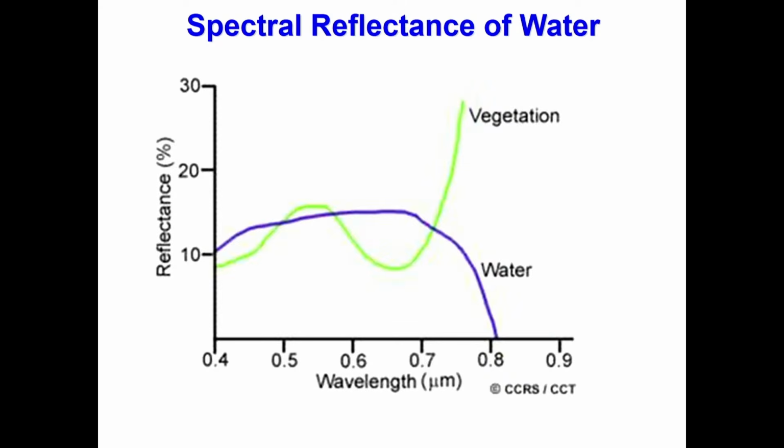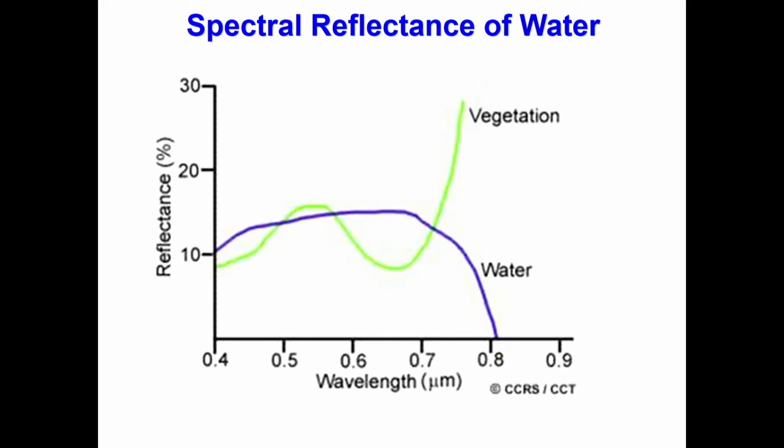The signal gets completely absorbed by the water, whereas for the vegetation, it is in contrast. In the NIR range, vegetation has a very high reflectance as compared to water. So this contrast is basically used to distinguish between land and water.